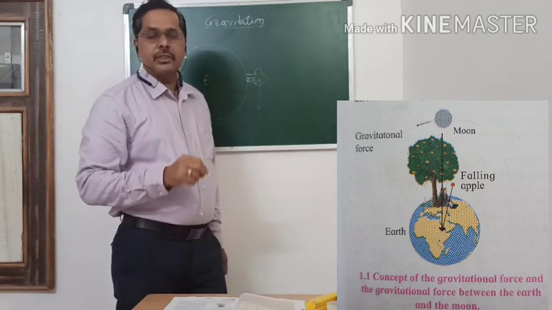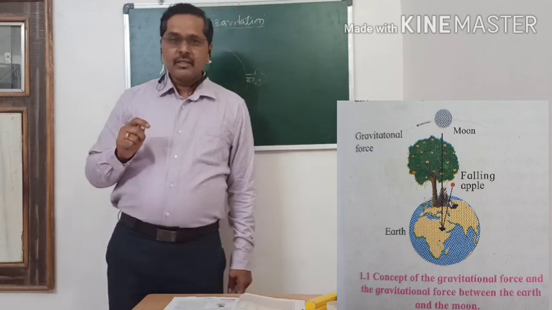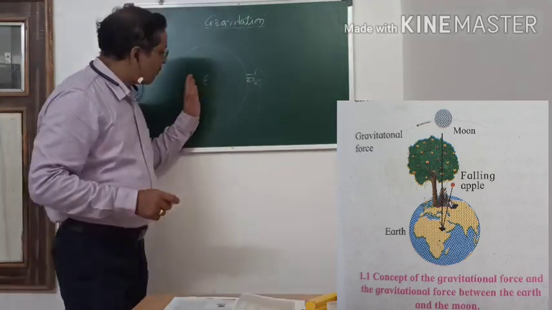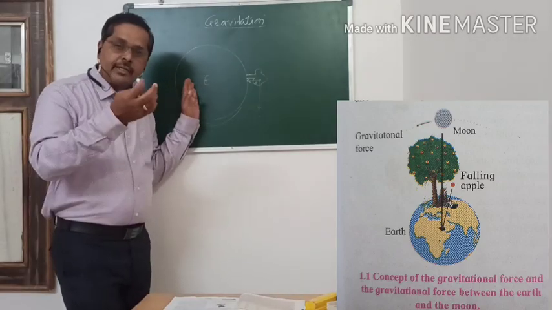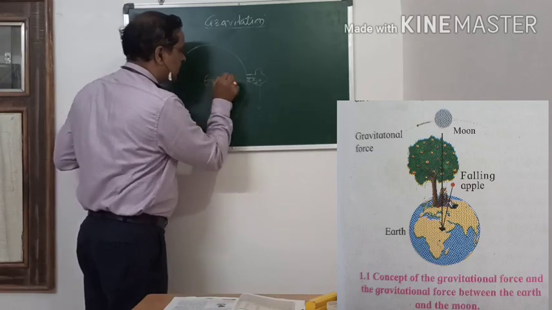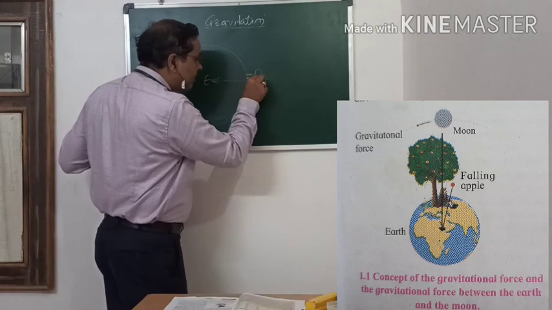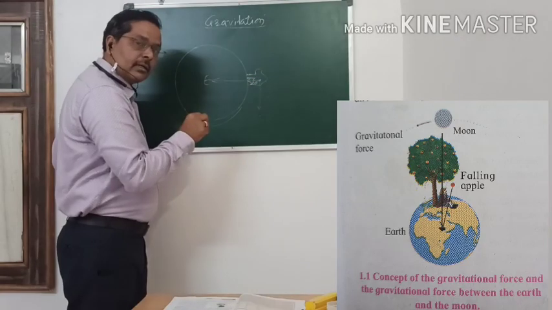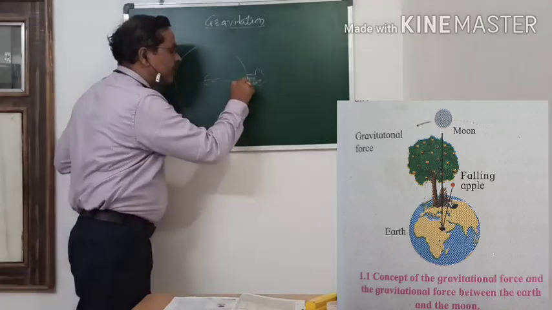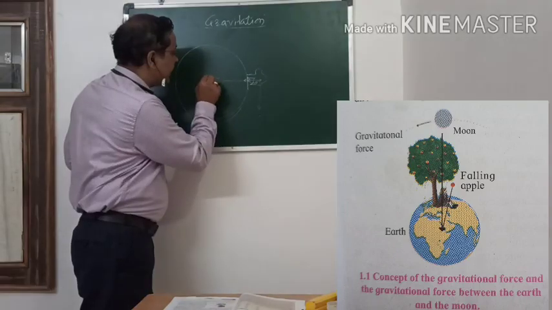That was the main question that arose in his mind. And he thought that there must be some force of the earth which attracts that apple towards the center of the earth. So the apple never falls by making an angle, but always falls perpendicular to the surface of the earth because it gets attracted towards the center of the earth.